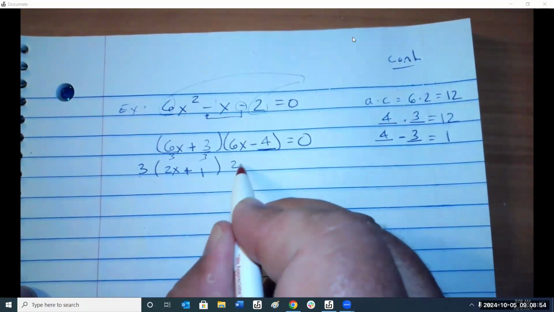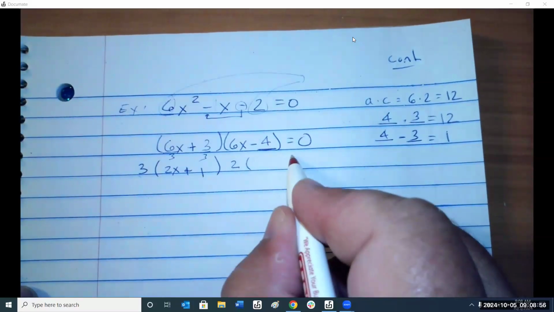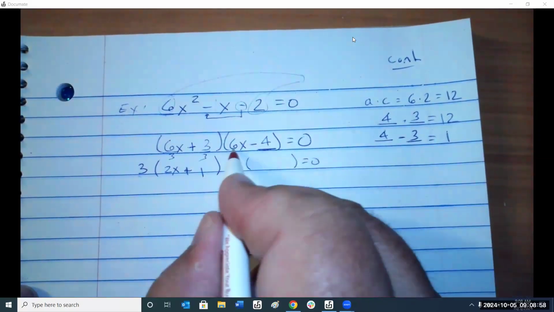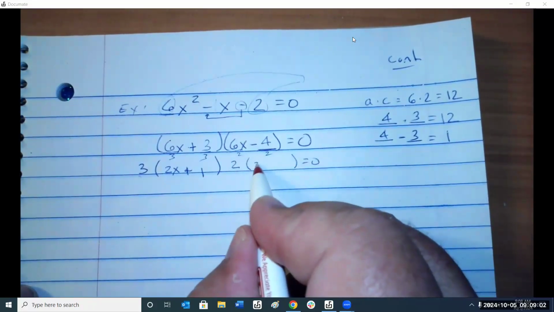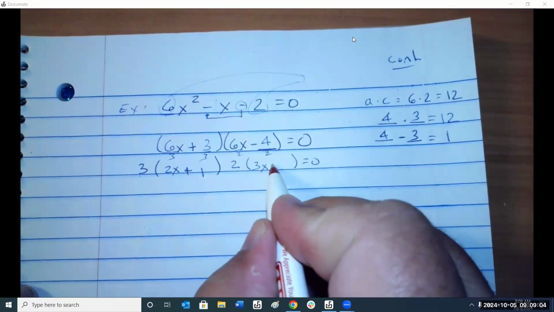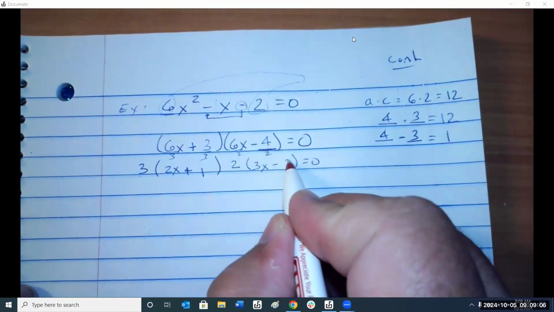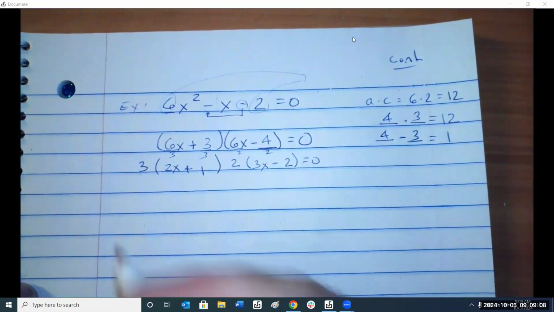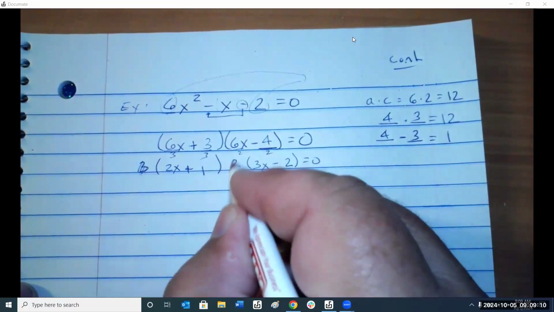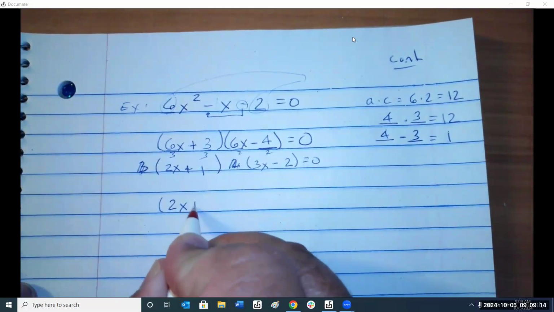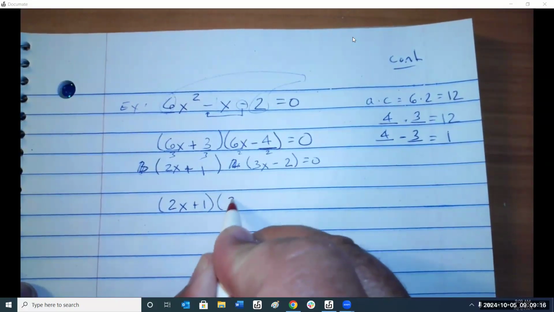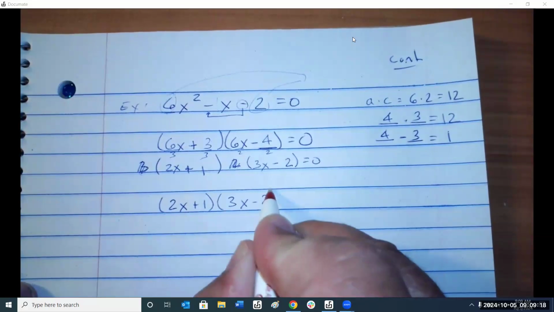Yes, they both have a 2 in common. So if we divide both of these by 2, 6 divided by 2 is 3x, minus 4 divided by 2 is 2. Erase what I factored out. And now these are my factored forms.